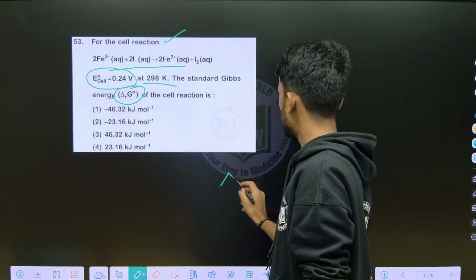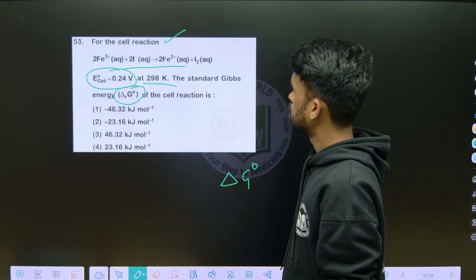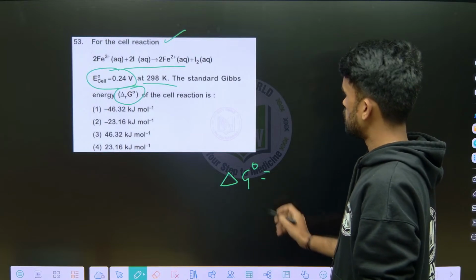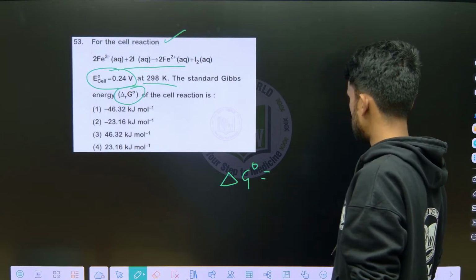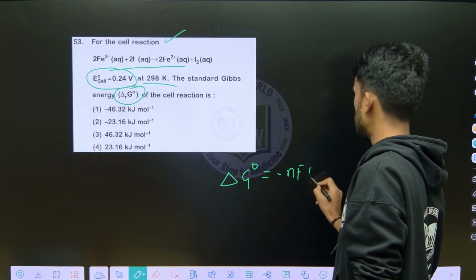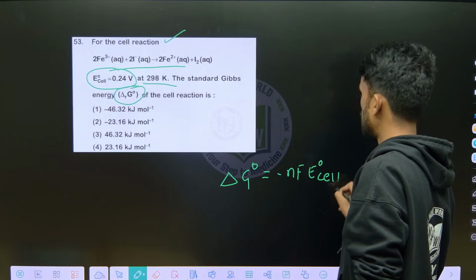So delta G0 equals to, see, there are two formulas now. Delta G0 equals minus nF E0 cell, like this.